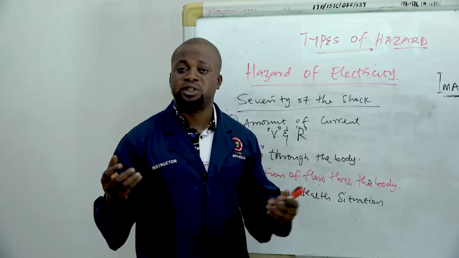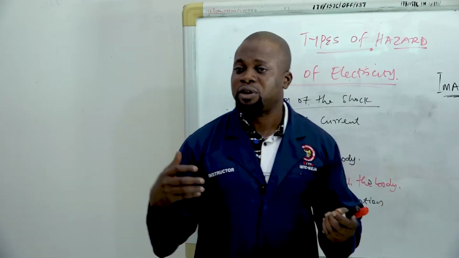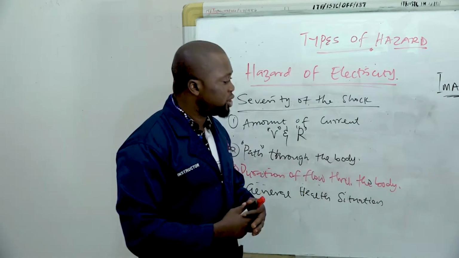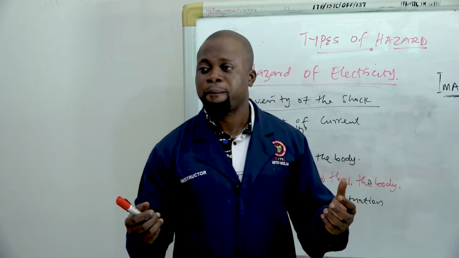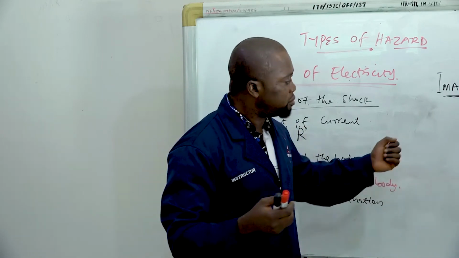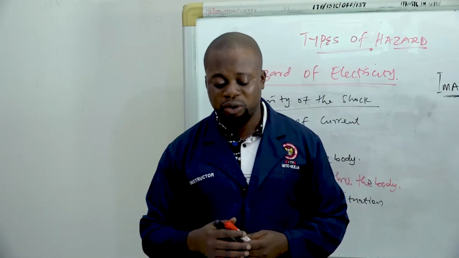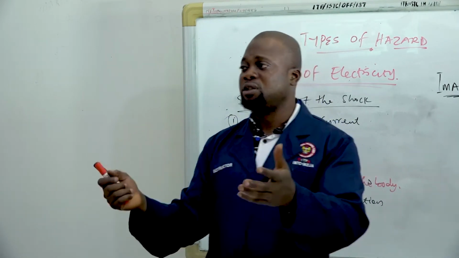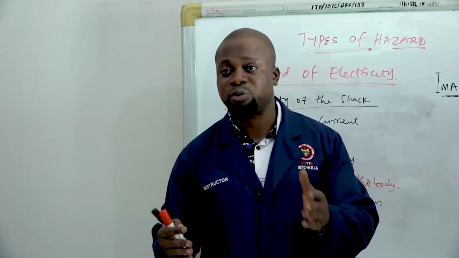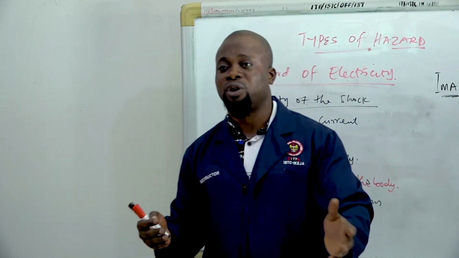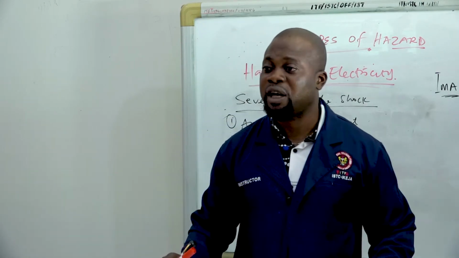In the practical sessions, we'll see demonstrations of the difference between a wet-skinned and a dry-skinned person when they make contact with the same amount of current. So, like I always say, low voltage does not mean low hazard.